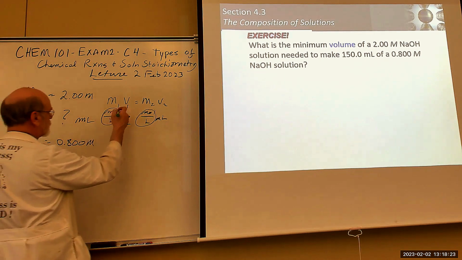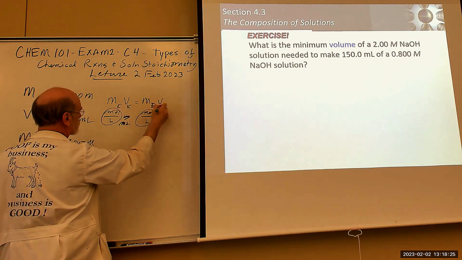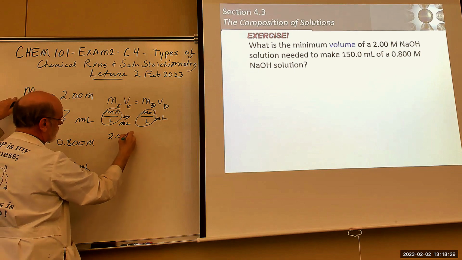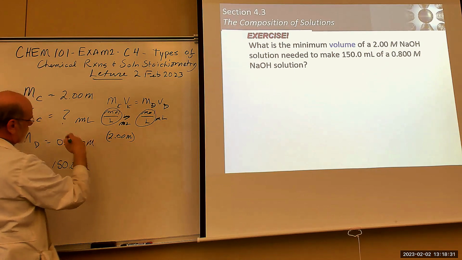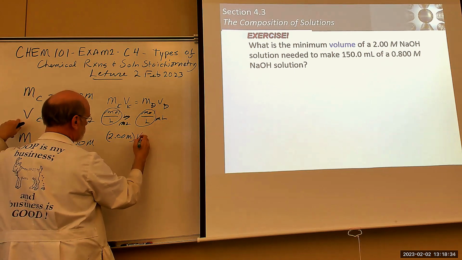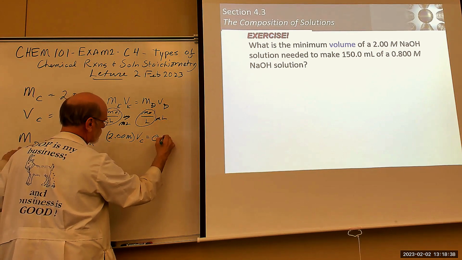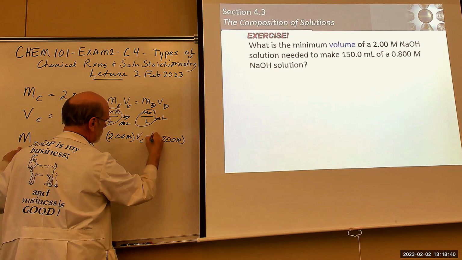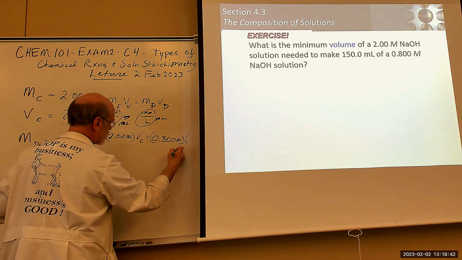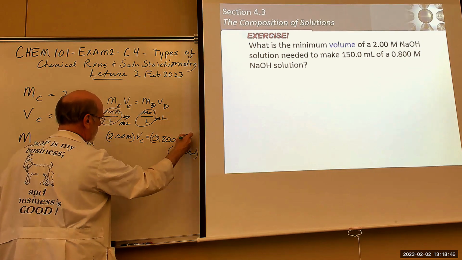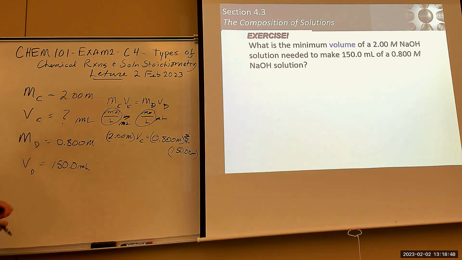So that means if this is concentrated and this is dilute, then molarity of concentrated times volume of concentrated equals molarity of dilute times volume of dilute, which is 150 milliliters. So now we just solve for this one.